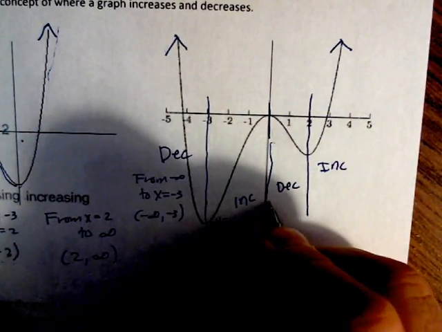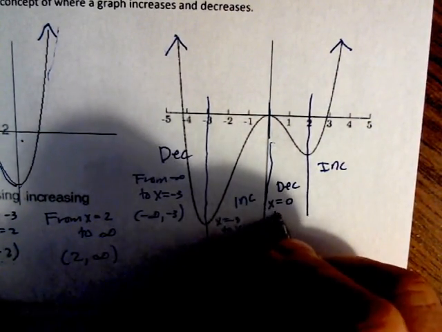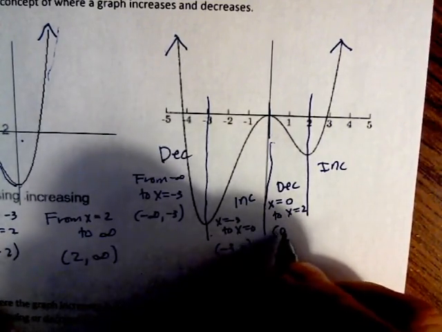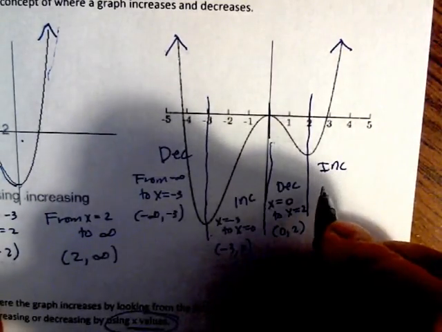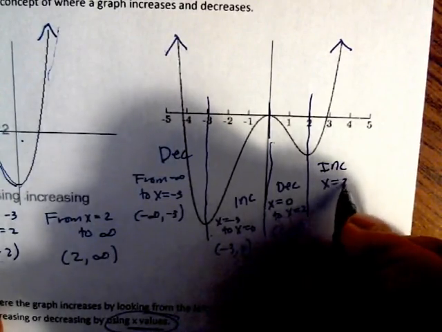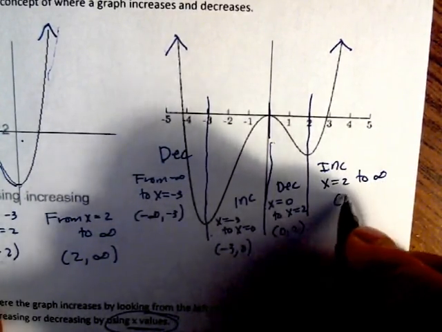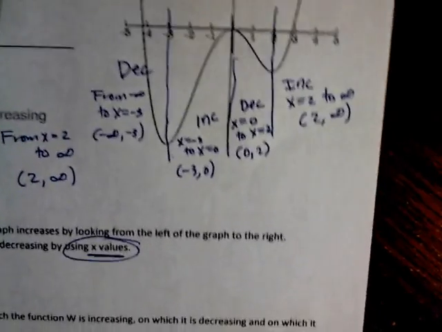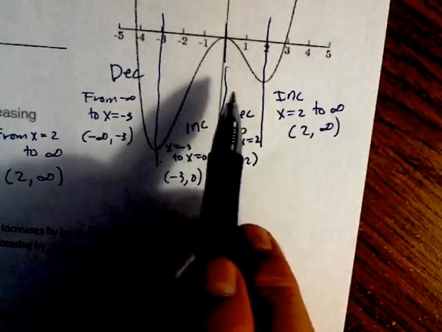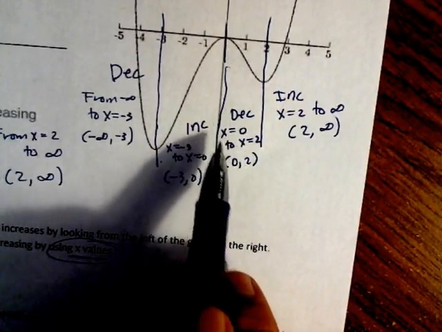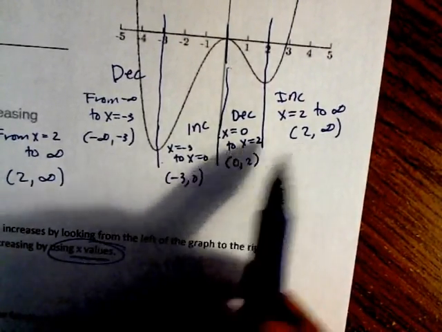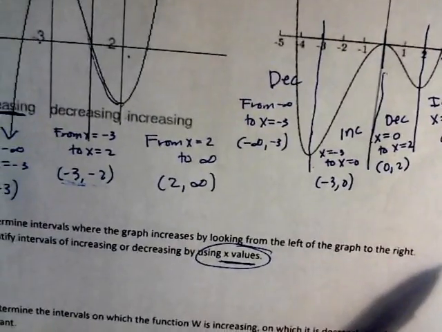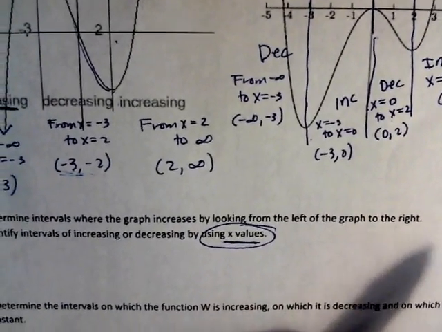Decreasing, x is 0 to x is 2. And then it's increasing, x is 2 to infinity, which as an interval looks like that. So you can give me your answers either way. You can either tell me the x is this to x is that, or you can use interval notation. But always remember, please try to remember to use x values.